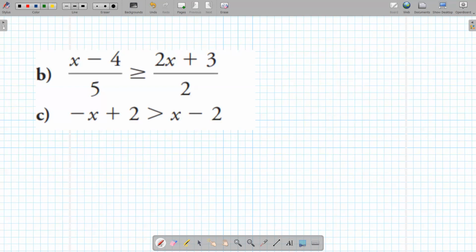You subtract 2 from both sides? All right, let's do that. So you get negative x, x minus 4. Now what?